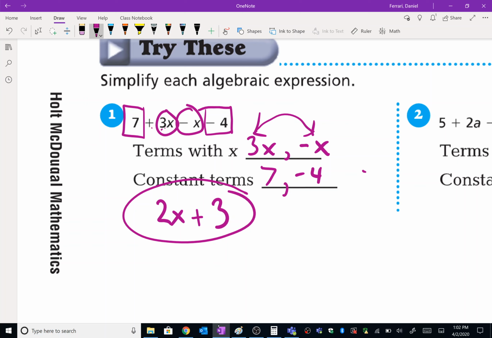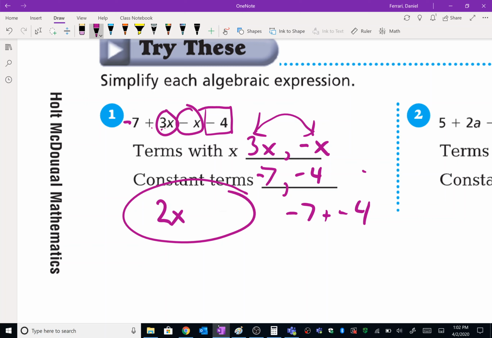One thing I do want to mention, because I've seen a few people submitting work to me. Let's say that this 7 had been a negative. Don't change your problem, but I'm just going to show you. Please make sure that if you combine a negative and a negative, you don't subtract in that case. Negative 7 plus negative 4, those are both negative, so your answer is going to be more negative.